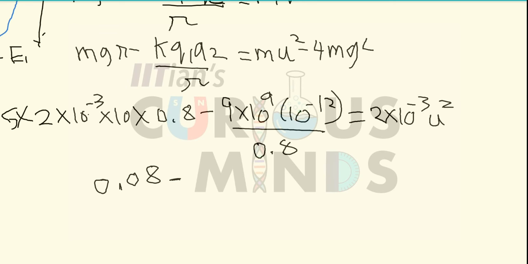Minus 9 divided by 8. I can simply write it as 9 by 8 into 10 raised to minus 2 is equal to 2 into 10 raised to minus 3 into u square.